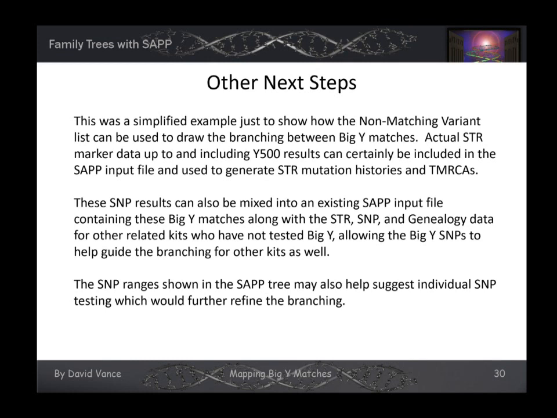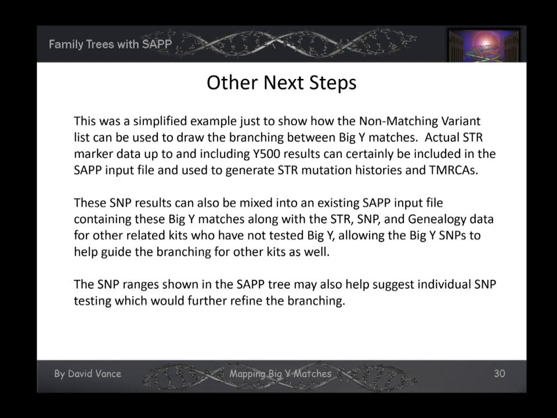You can also mix these SNP results. I obviously only used the three matches that show up on my list, but I have a lot more people in my project. I could combine all of them, even the people who didn't do Big Y tests. I can combine their STRs, and if they've done any testing on these SNPs or other SNPs, I can combine those into the SAPP program as well.